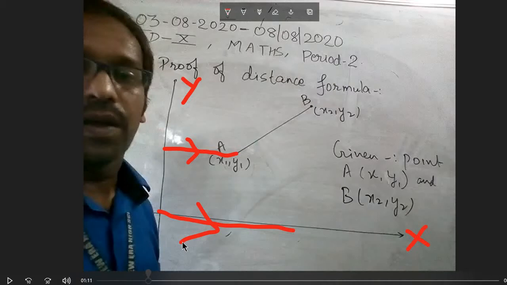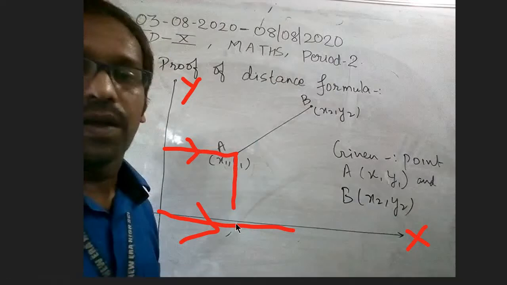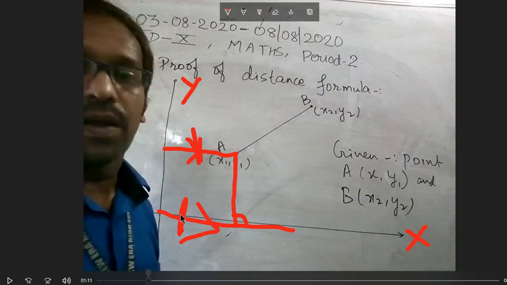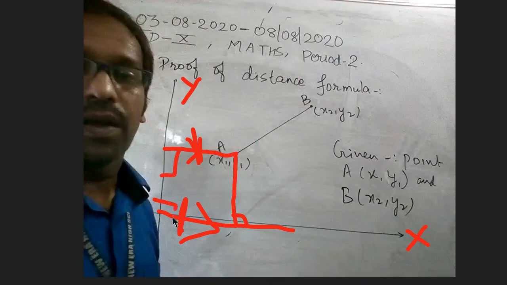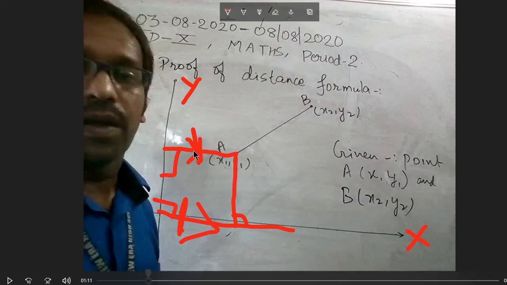So that means if I draw one perpendicular here also, so this distance will be equal to this distance. Okay, this distance will be equal to this distance because these all lines are parallel, so the opposite sides should be equal. On that basis our calculation will move ahead. Okay, so let us start.